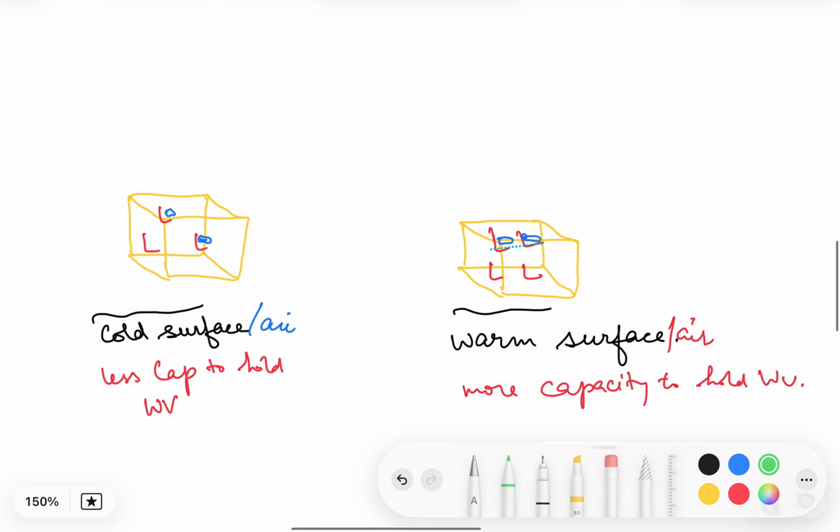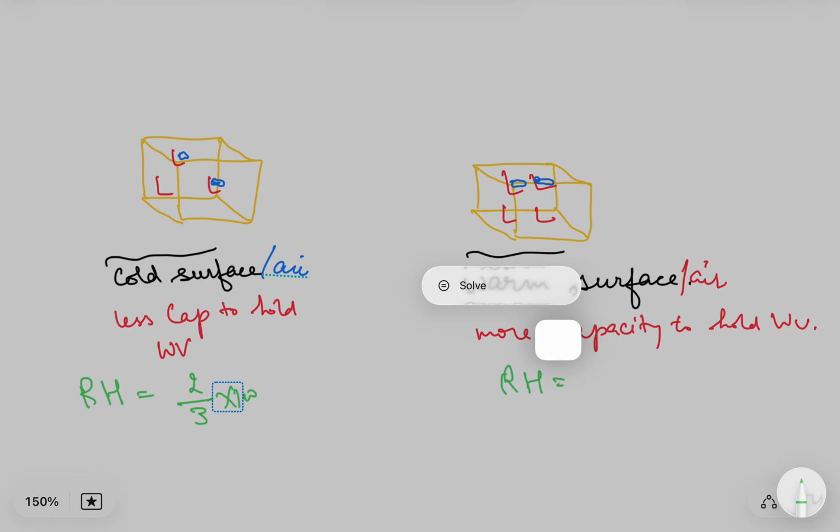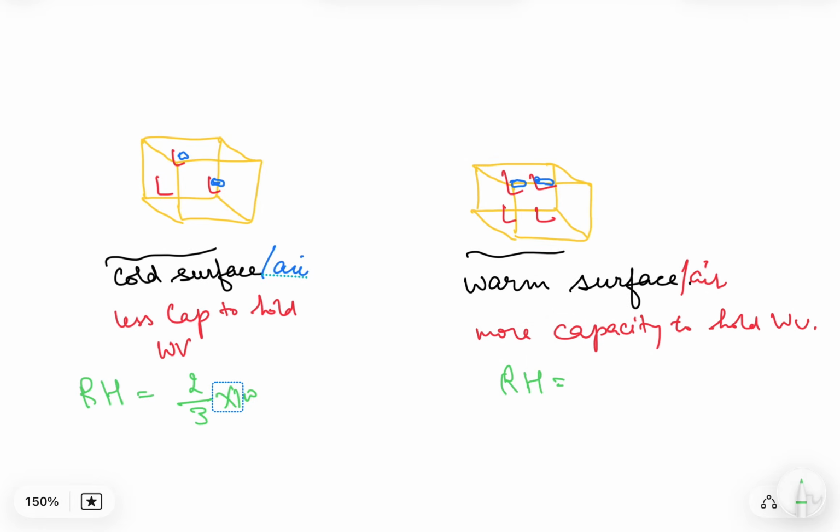So the relative humidity of the cold surface will be 2 water vapor out of 3 into 100, capacity to hold that is 3 and the present is 2, into 100. And in case of warm air the capacity to hold is 4, but the actual amount of water vapor present is 2, into 100.